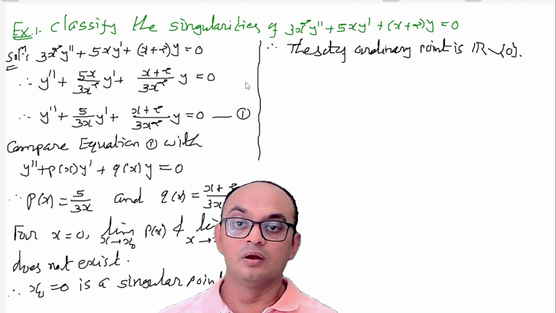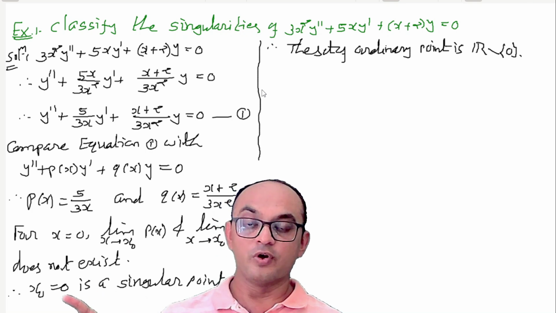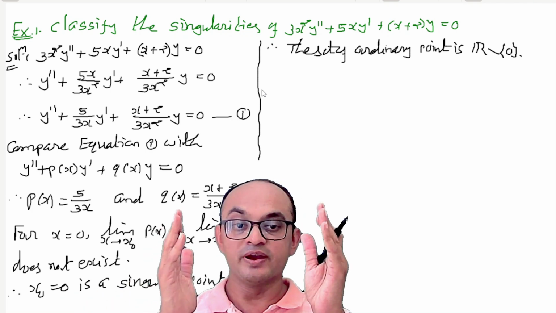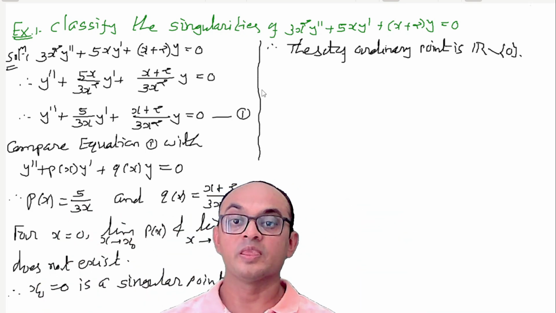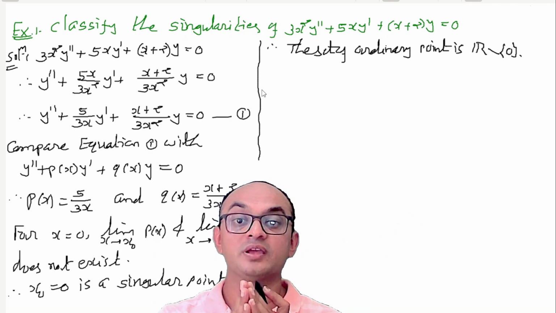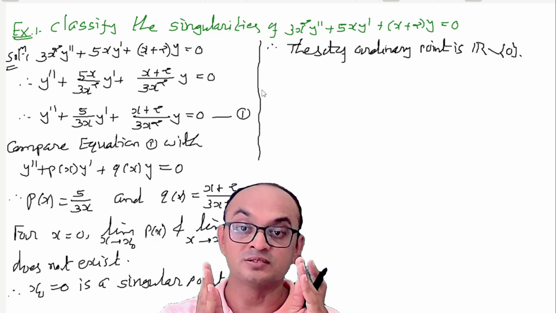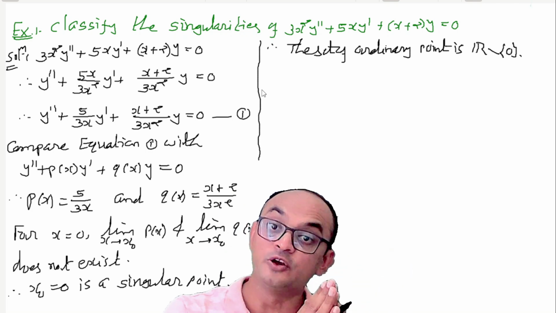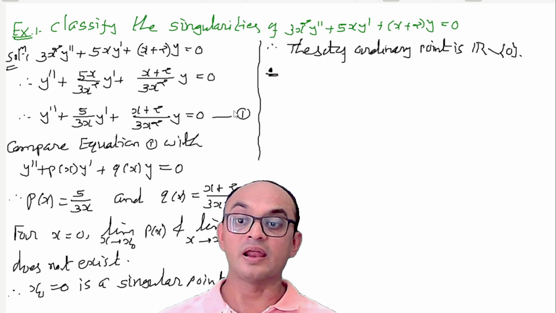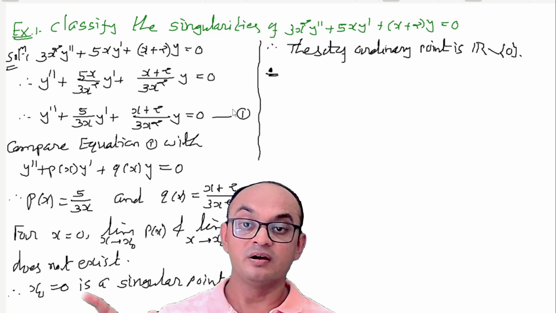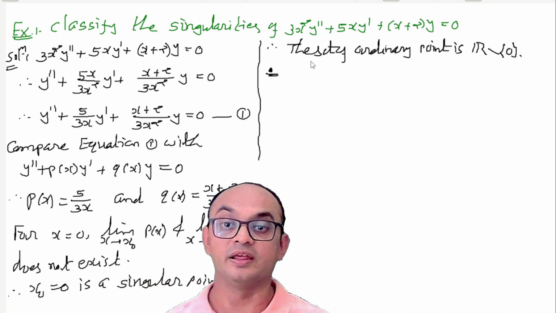Now, x0 is the singular point, and singular points are divided into two parts, regular singular and irregular singular. How can we say that it is regular singular? If the limit as x tends to x0 of (x minus x0) into p(x)... So now let us classify this point again in more detail.